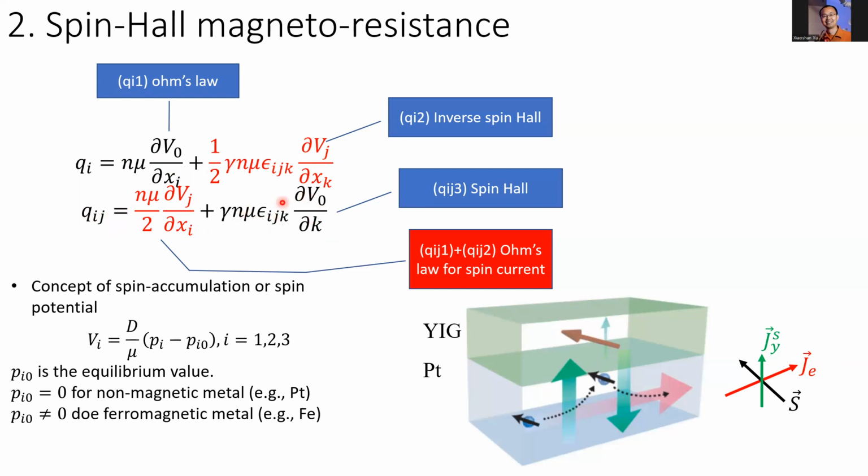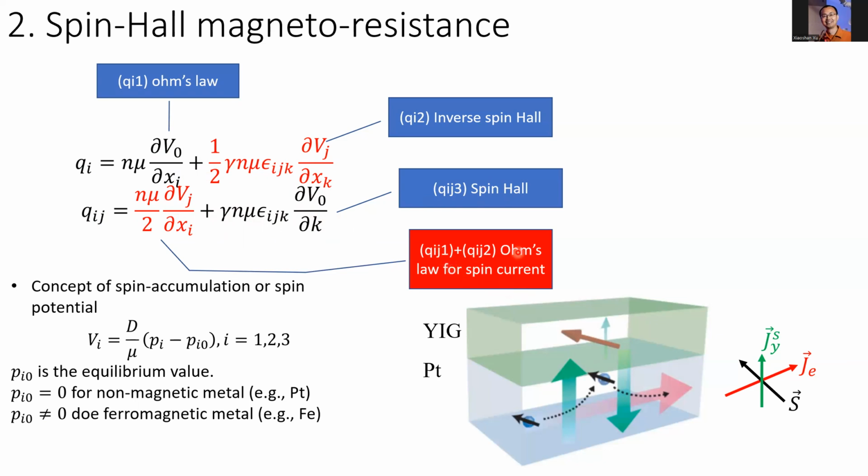Well, first let's look at the second term. This one is something we're familiar with, spin Hall effect. Essentially, if you have electric field that drives a charge current, it generates spin current. And this one actually looks new, but it's actually not new. It's exactly the same as what we just saw.